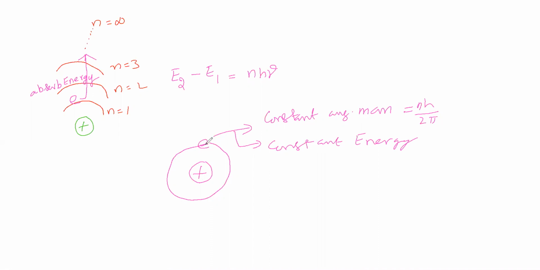This is a specific orbit, a circular path. This is Bohr's view. That's all: Bohr viewed the electron in this way.